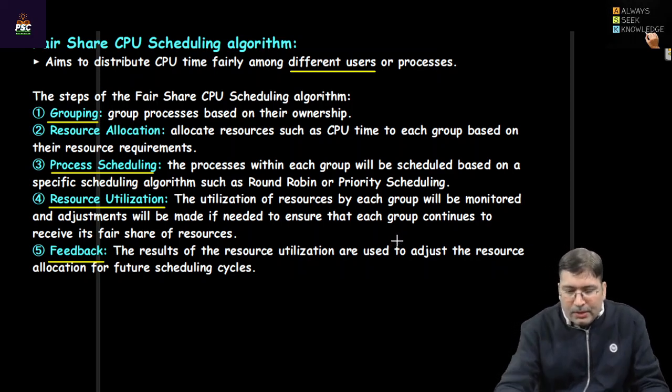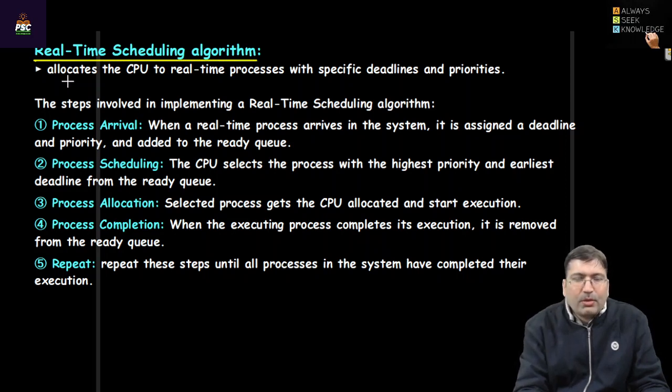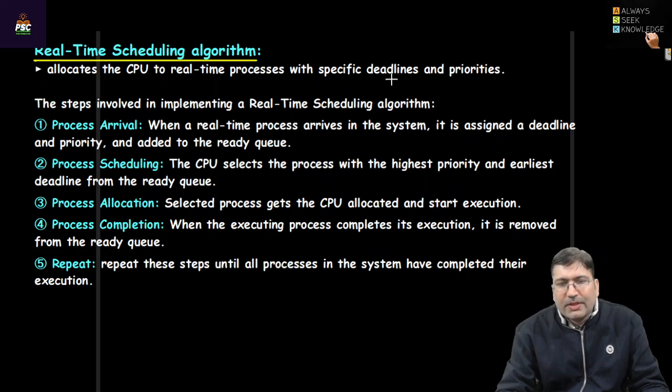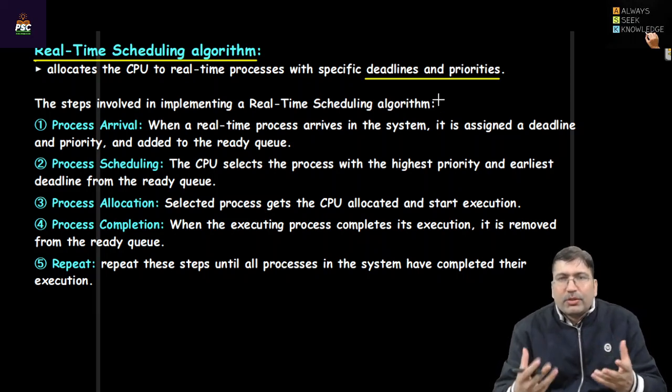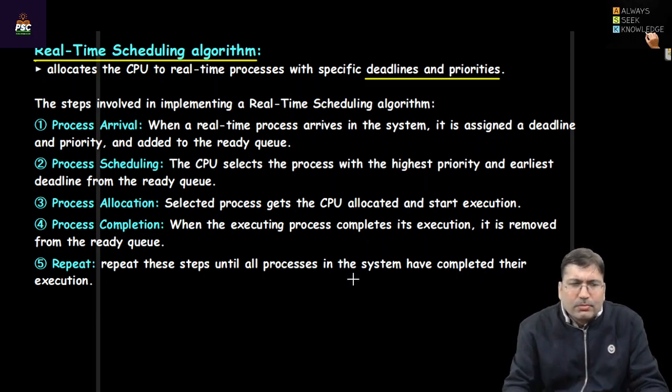Then the next CPU scheduling algorithm we consider is the real-time scheduling algorithm. The real-time scheduling algorithm allocates the CPU to real-time processes with a specific deadline and priority. As I already told you, in real-time systems or a real-time operating system, every process has an associated deadline and a priority also.